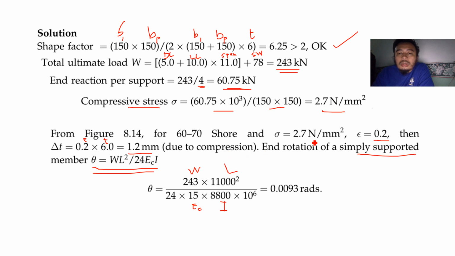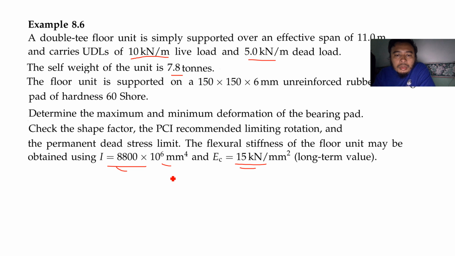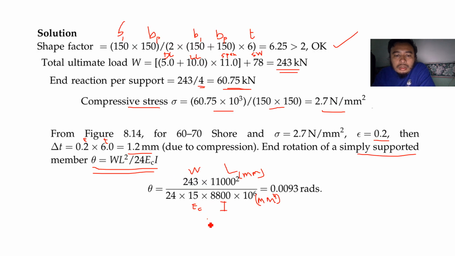So ensure the unit is right. The unit is Newton per millimeter. This is kilonewton. This is in millimeter. This is in millimeter power 4, and then this is in kilonewton per millimeter.